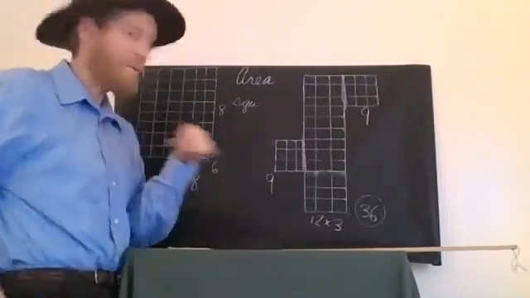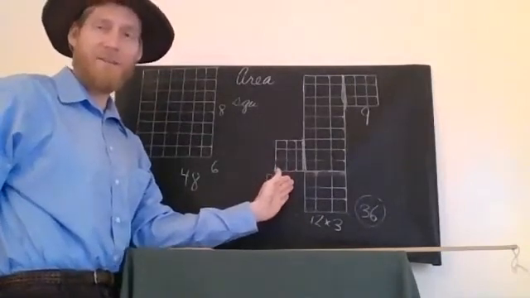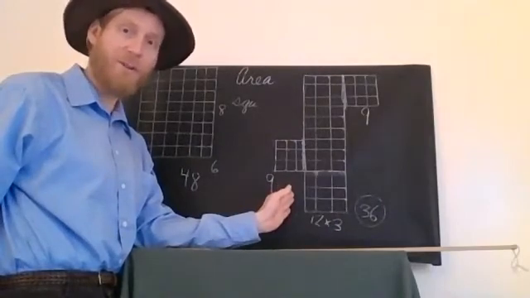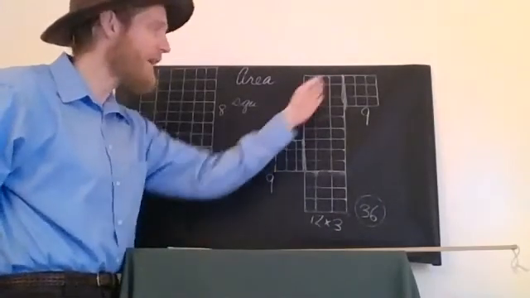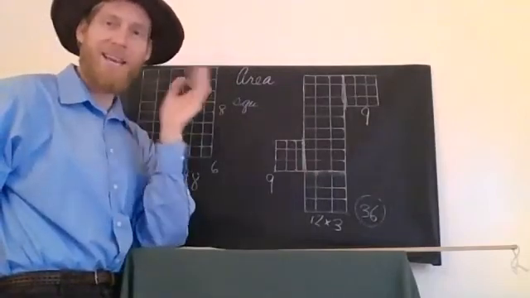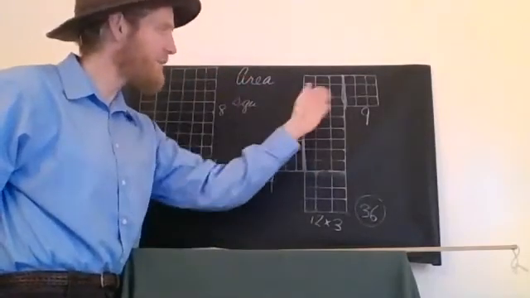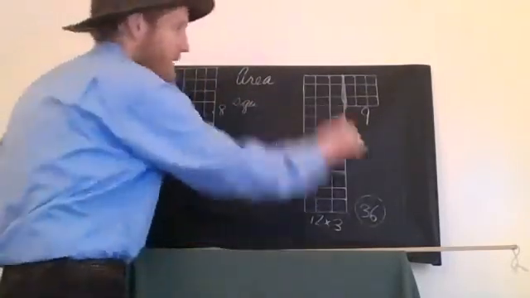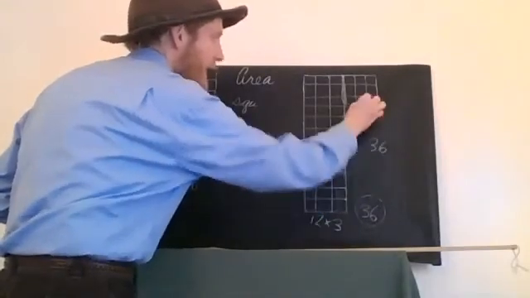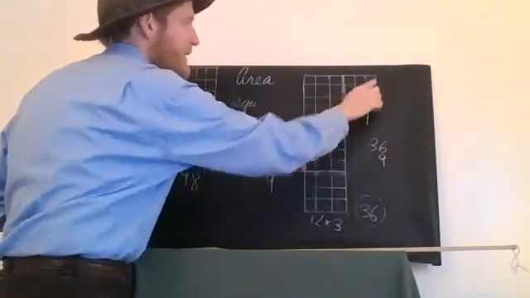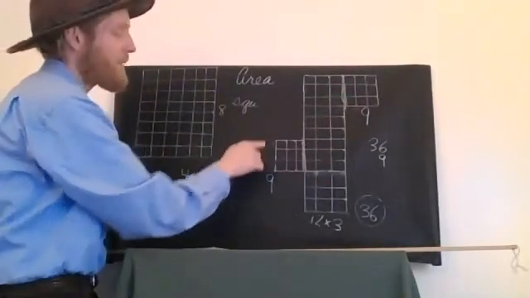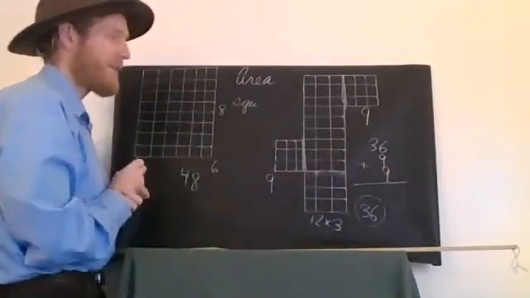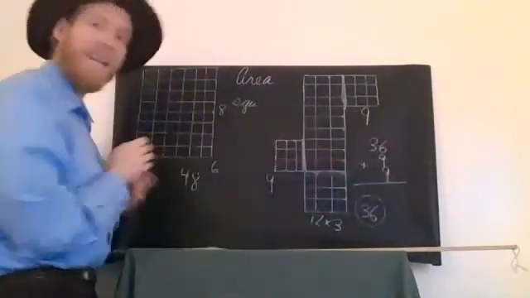Now, you don't need to know exactly how to do that yet, but it's good for you to get an idea of it now, so that when you do come across it, you can do it. Or you can add up all the squares. And that's the area. Maybe this was an odd-shaped building, and you could figure out how many feet it was. Well, if this was 36, and that was 9 for that addition there, and then this part here was also 9, I could add them all together. 9 plus 9 is 18.